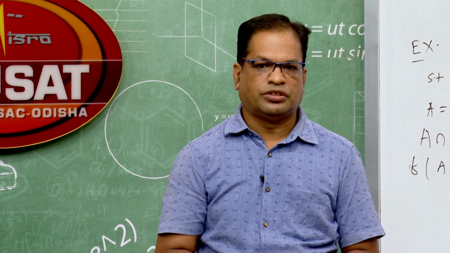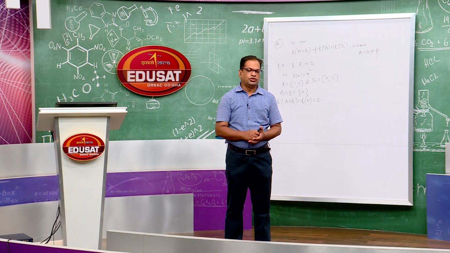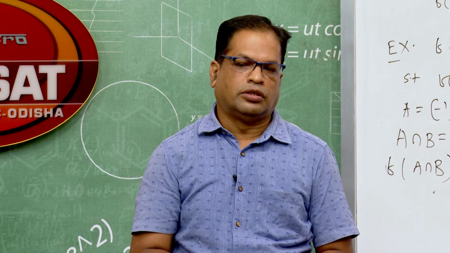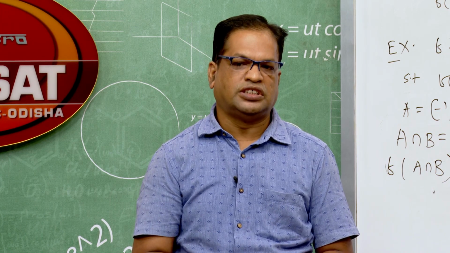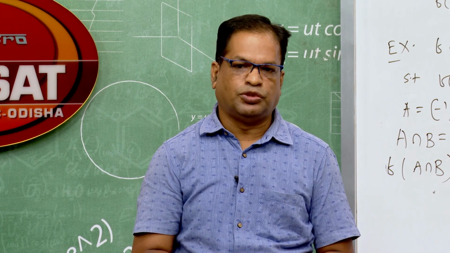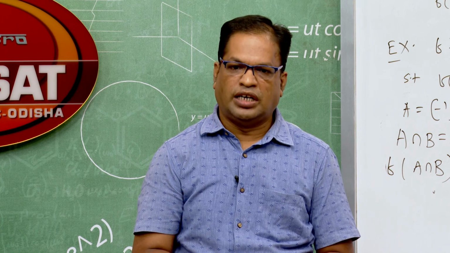We also discussed the inverse of a function and function composition, and how function composition is used to find the inverse of a function. So, f and g are inverses of each other if f composition g is the identity function and g composition f is also the identity function.